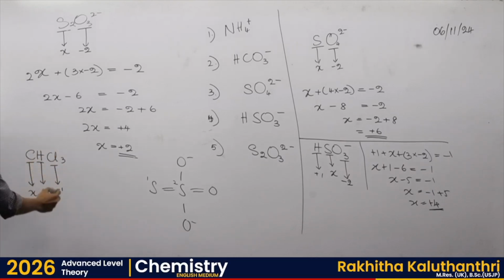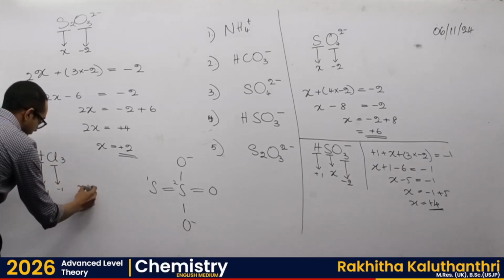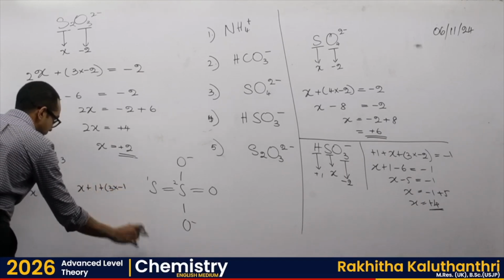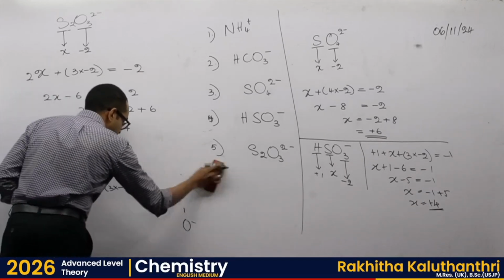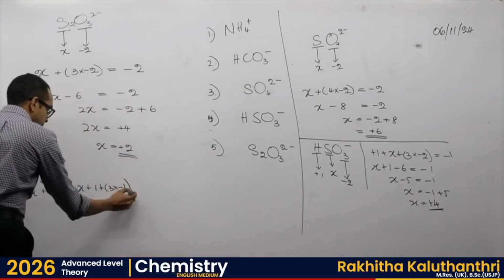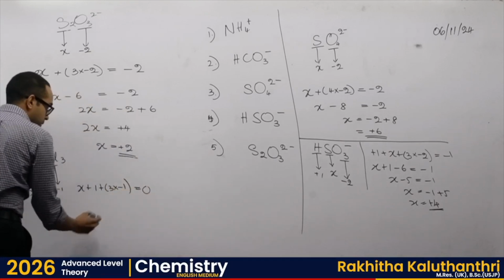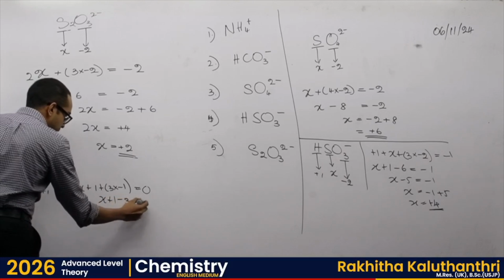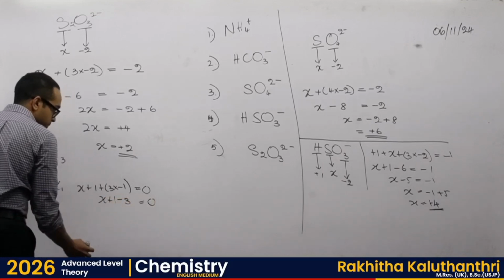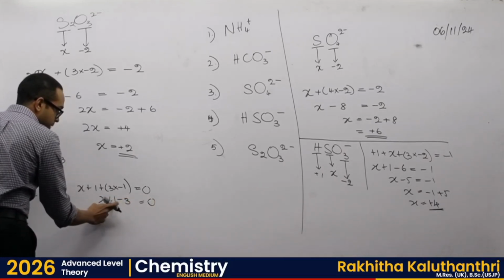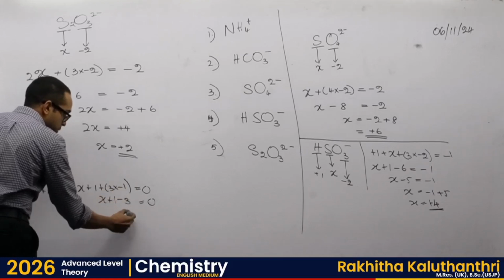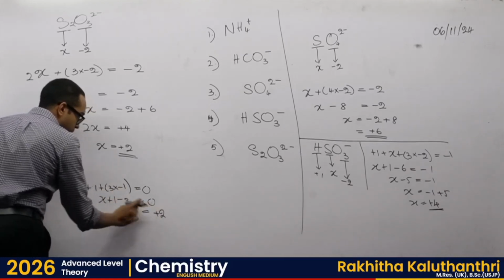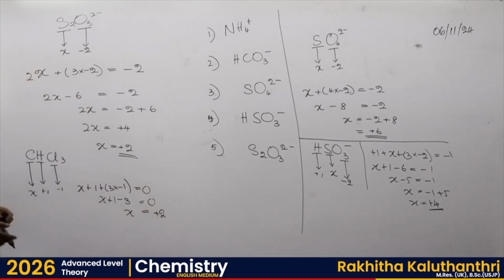So if I do this, we have x plus 1 plus 3 into -1 is equal to 0. That means x plus 1 minus 3 equals 0. So -3 plus 1 is -2. X is equal to +2. When you send -2 to the other side, it becomes +2.